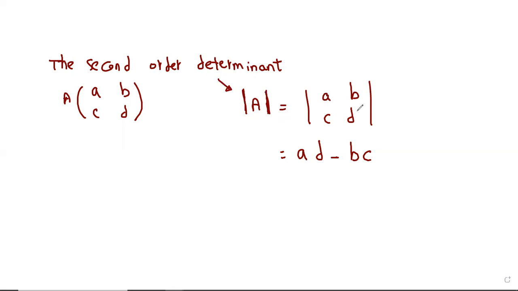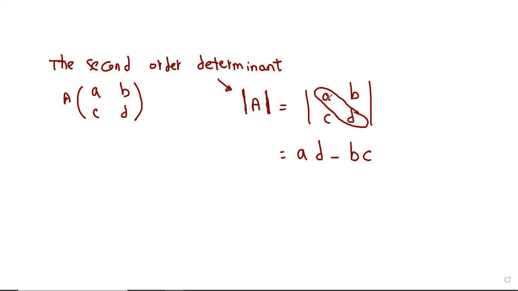Multiply A by D, and A and D are called the principal diagonal. Multiply A by D minus the product of B times C. So what is the value of the determinant?